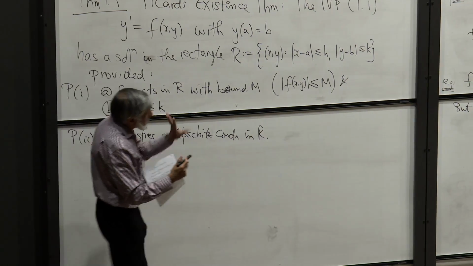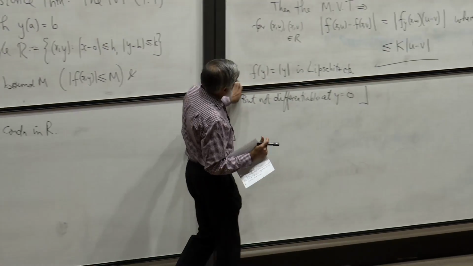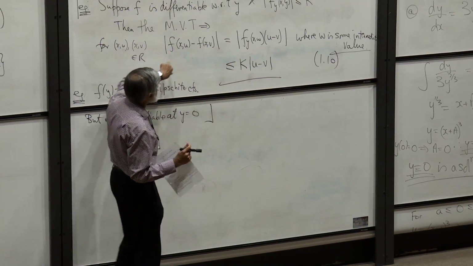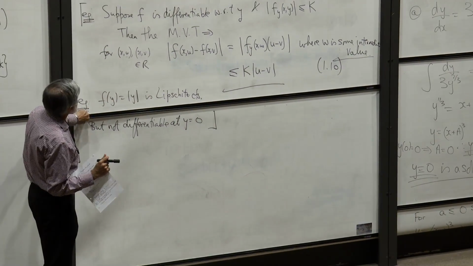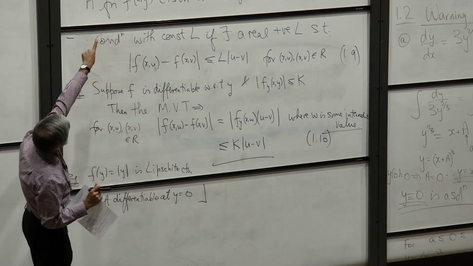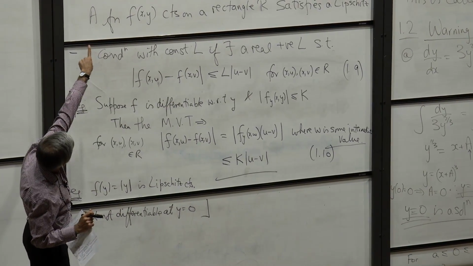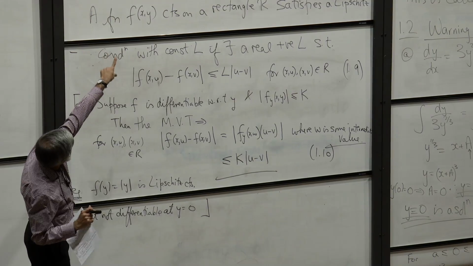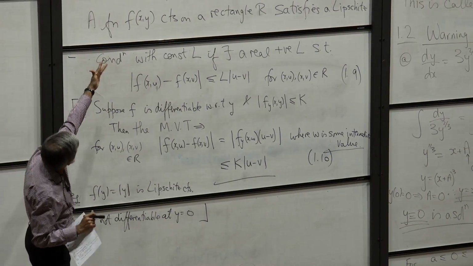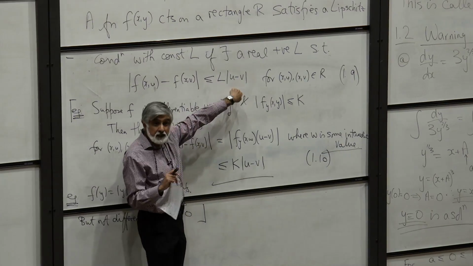You can sort of start getting a vague idea of why this might work, because if this holds, then when you go up to E n plus 1, that will become less than or equal to the integral from a to x of L times E n.